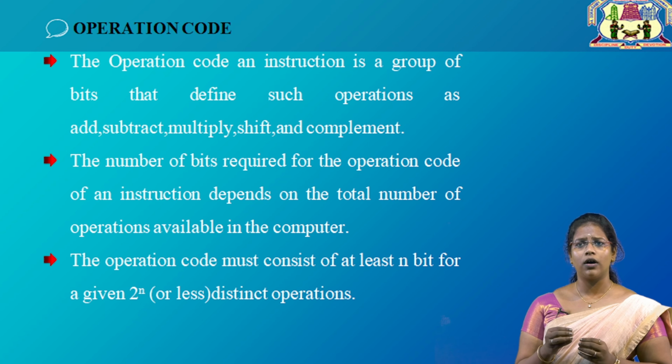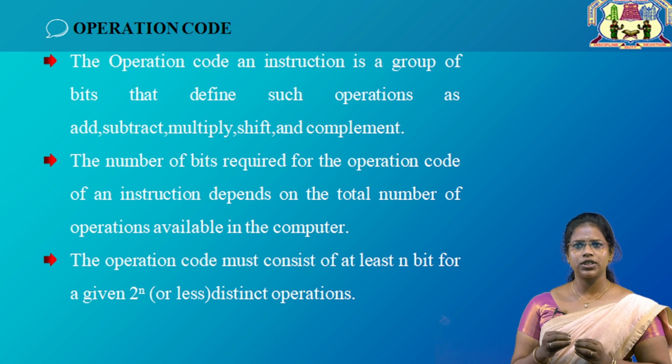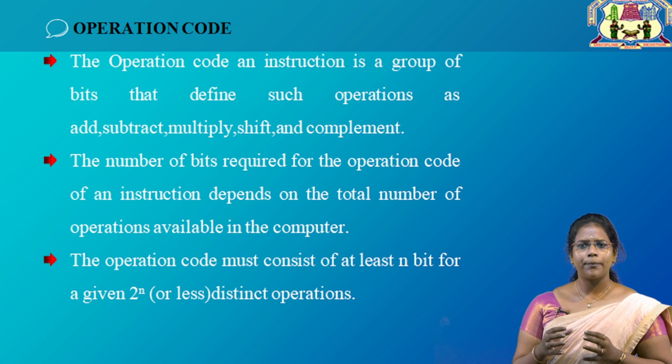The number of bits required for the operation code of an instruction depends on the total number of operations available in the computer. For example, if we have 16 operations in the computer, that means 16 opcodes are available. Then the opcode should have 4 bits, because 2 raised to 4 is 16.